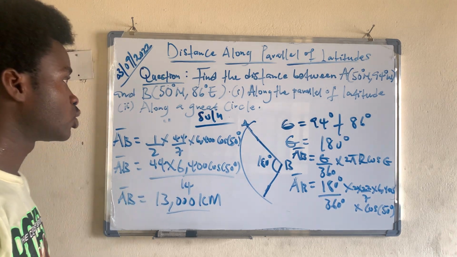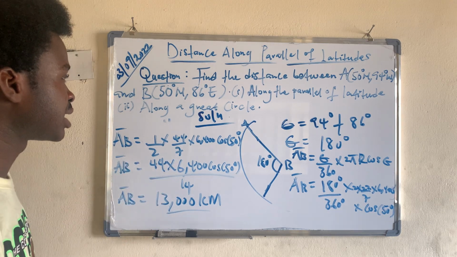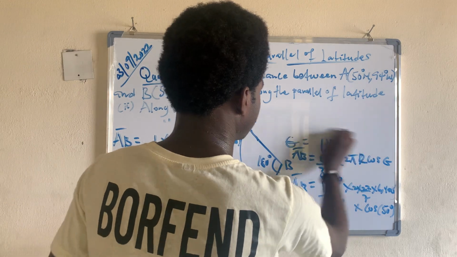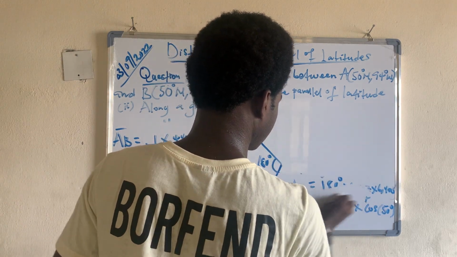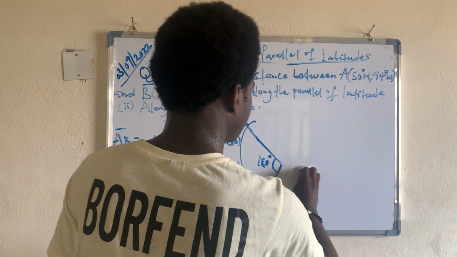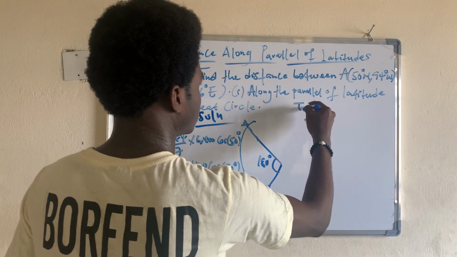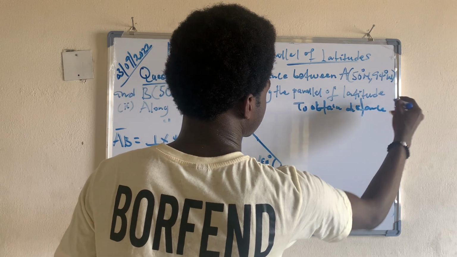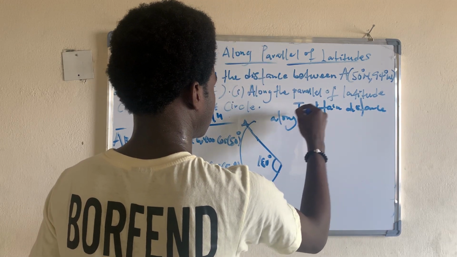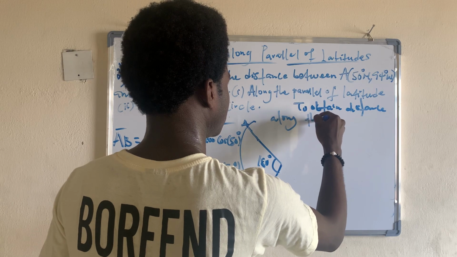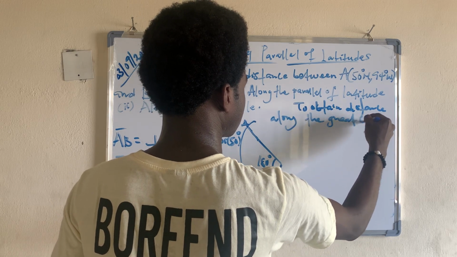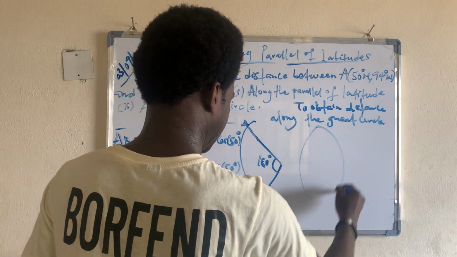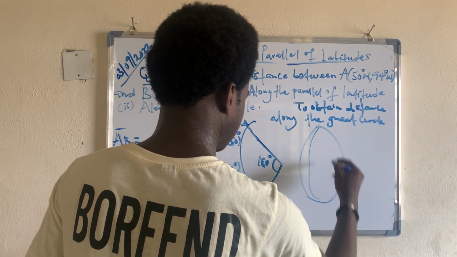So we are to obtain the distance along the great circle. I will have to draw this again so you can see this properly.